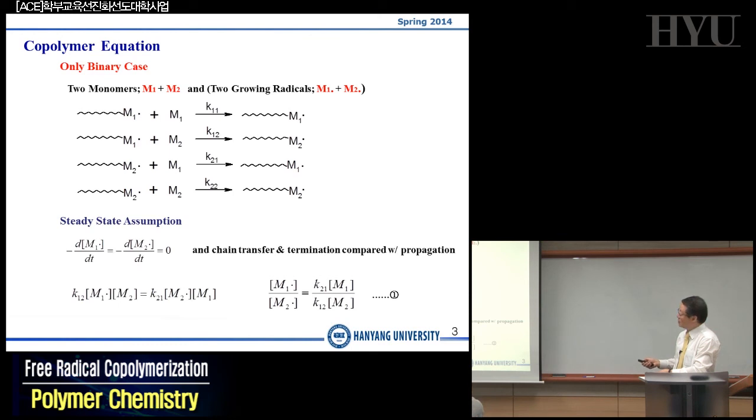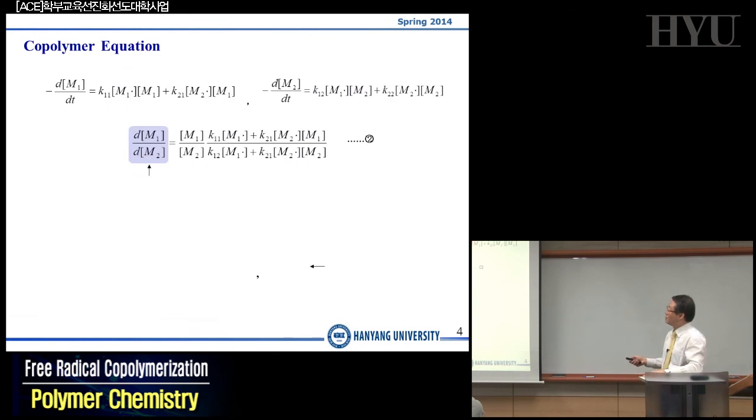The rate of disappearance of M2 will be determined by the second equation and the fourth equation. So minus dM1 over dt is equal to the first one and the third one, and minus dM2 over dt is equal to the second equation and the fourth equation.